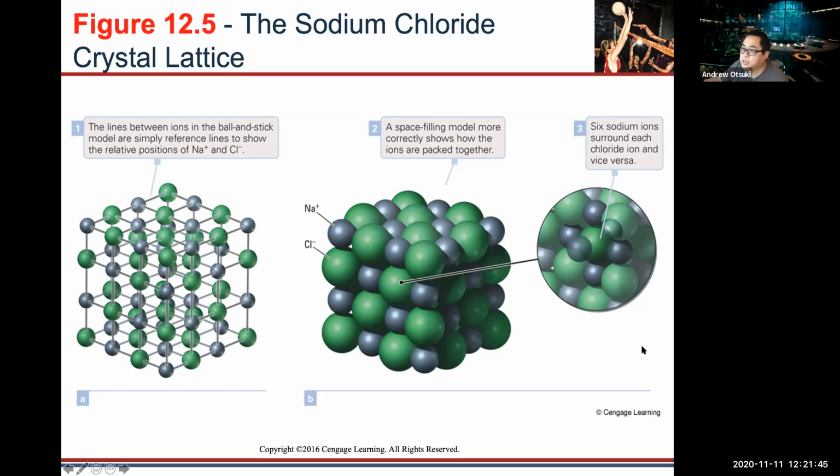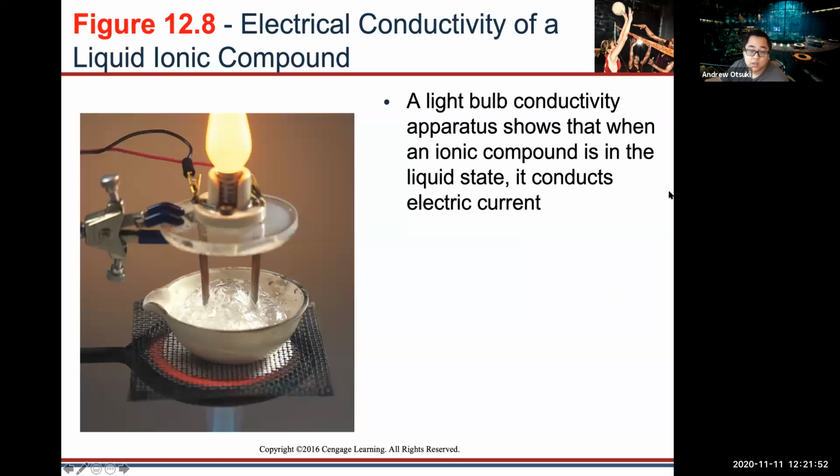So let's go on here. We're going to talk next about how these are good conductors. Okay. So if you do a little experiment here, you put a bulb and connect it. We could test the electrical conductivity of an ionic solution.